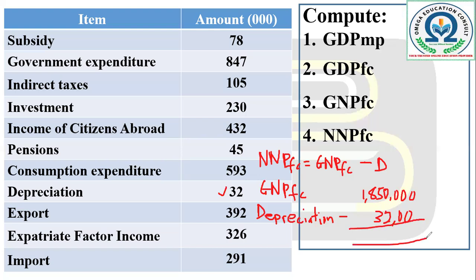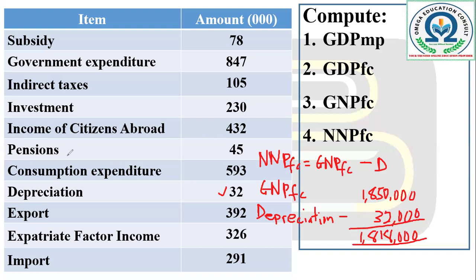So 1,850,000 minus 32,000. Okay, so that gives us 1,818,000. Okay, so that is our national income. So that is how we arrive at the national income, right?